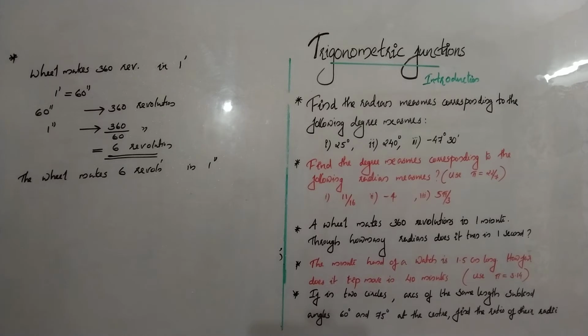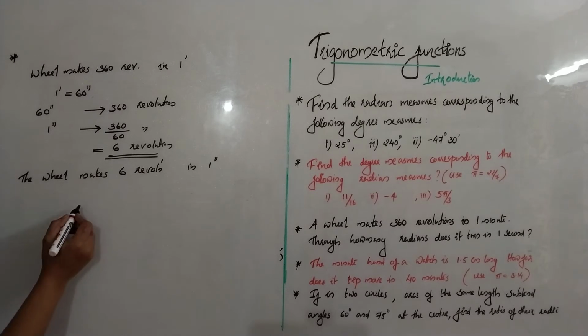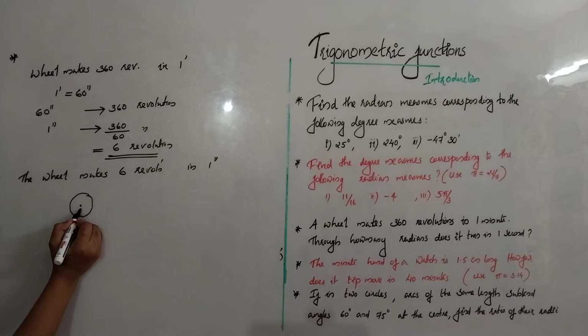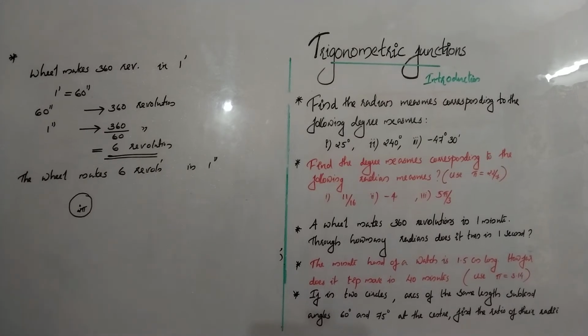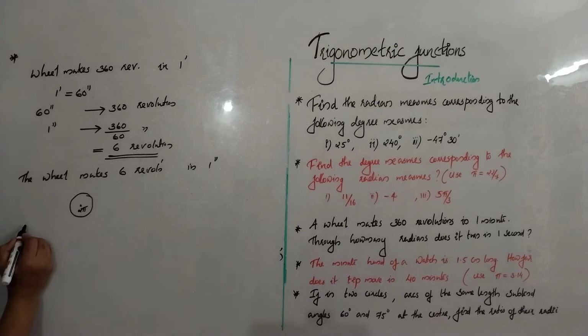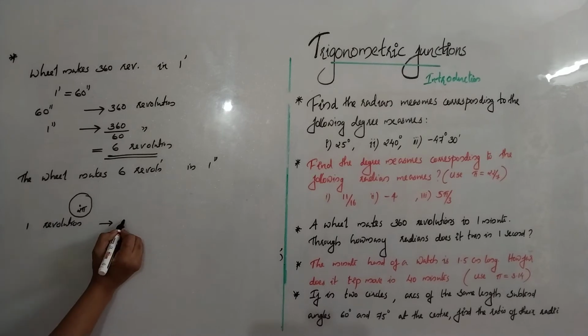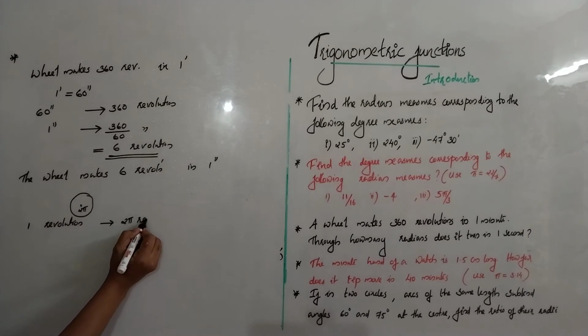So we know that one complete revolution makes an angle of 2 pi radian. So for one complete revolution the angle is 2 pi radian.